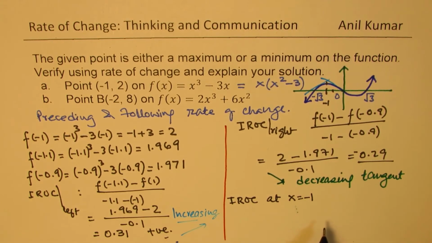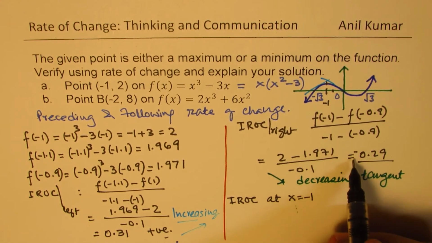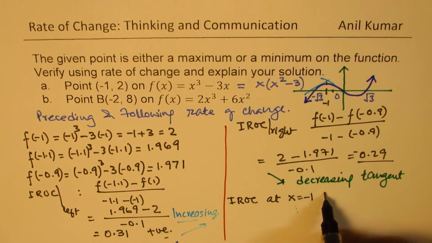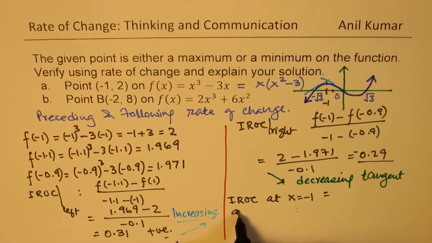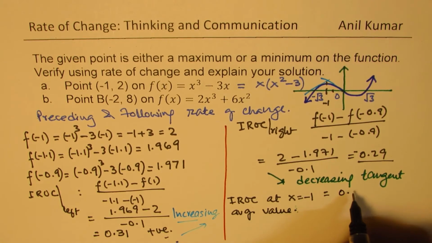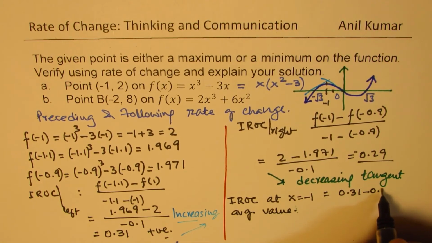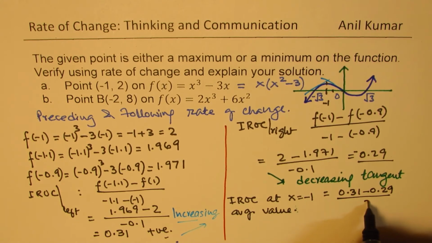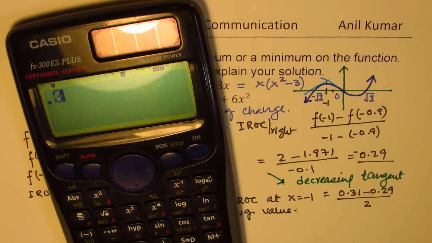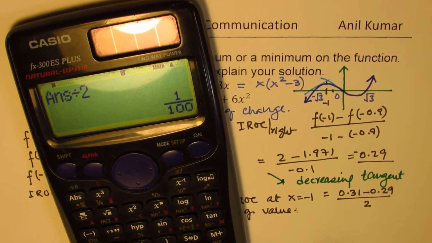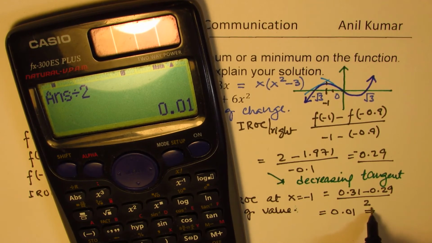So what we see here is that the instantaneous rate of change at x equals minus 1 is the average of these two, right? Average value, which is 0.31 minus 0.29 over 2. So we have 0.31 minus 0.29, divided by 2, in decimals it gives us 0.01, which is almost 0.